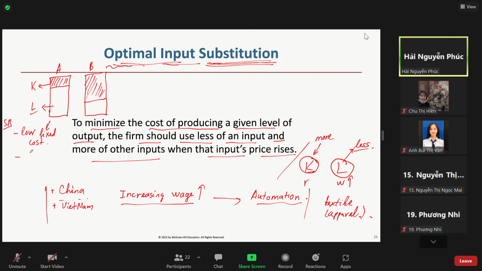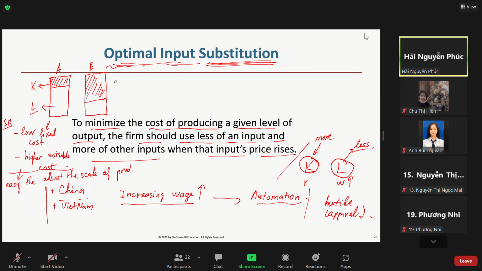They're going to have a higher variable cost in the short run, right? So it is going to be quite easy for them to adjust the scale of production, because they have quite high variable costs.